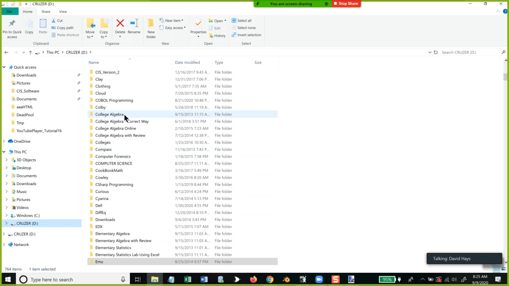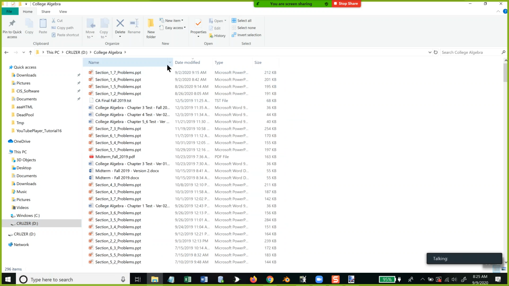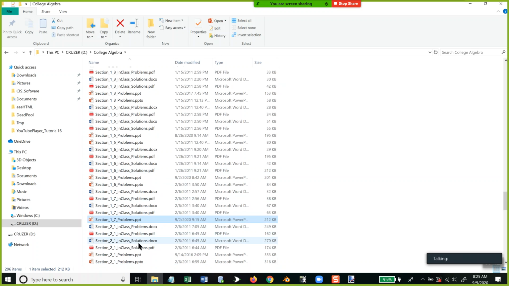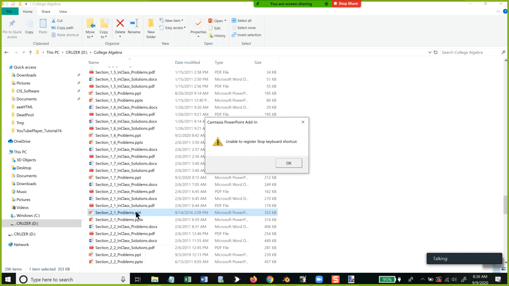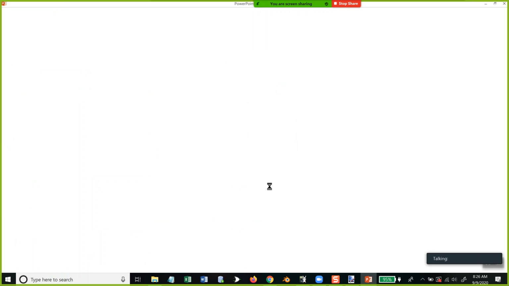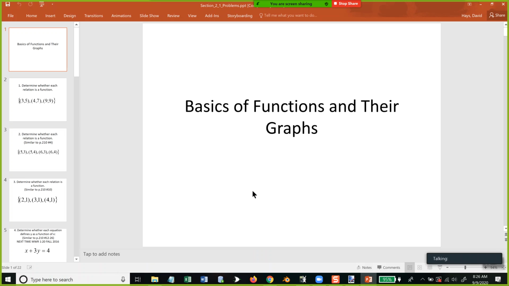So, let's see. College algebra. Well, this is getting into chapter 2, and this is section 2.1.